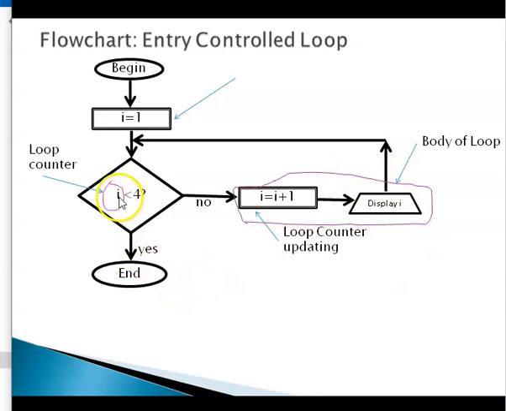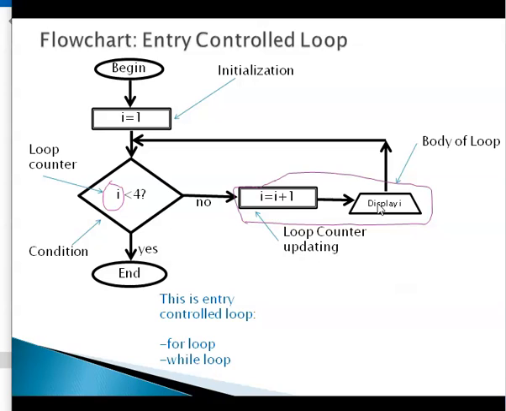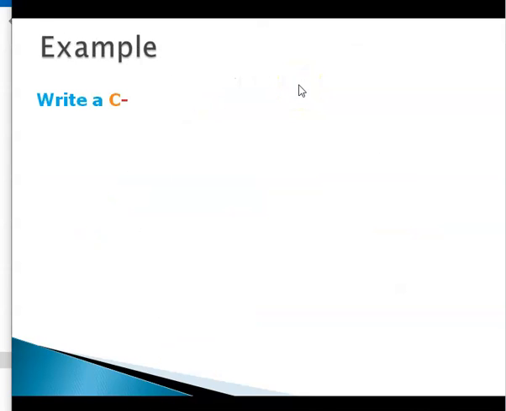The loop counter is I, and the body of the loop has two statements: one, loop counter updating, and two, the display. This same thing can be implemented in C language using a for loop. There are two types of entry controlled loops, for loop and while loop. We will see what the for loop is and then we will see the while loop later.